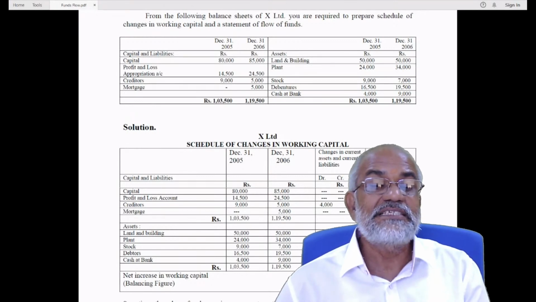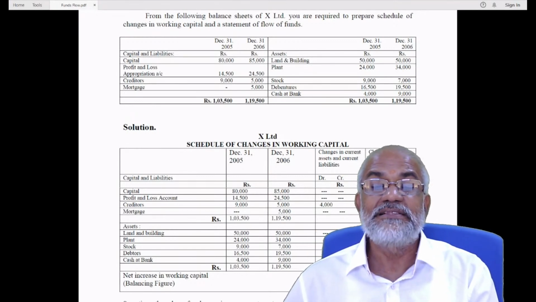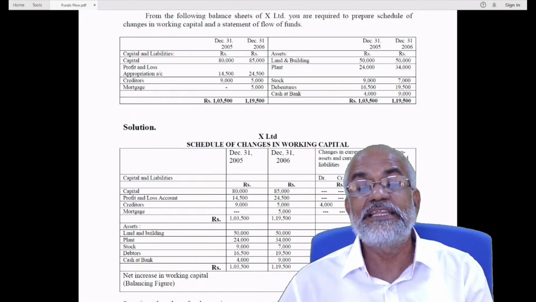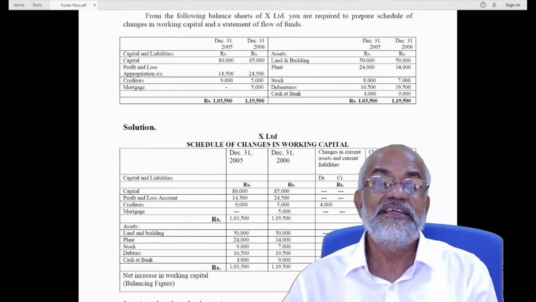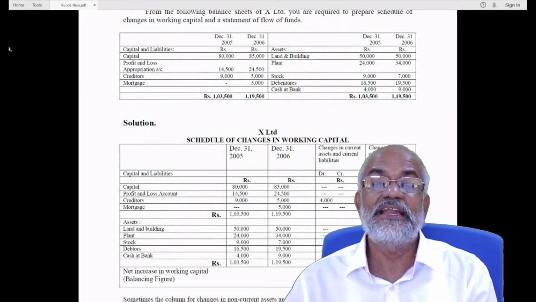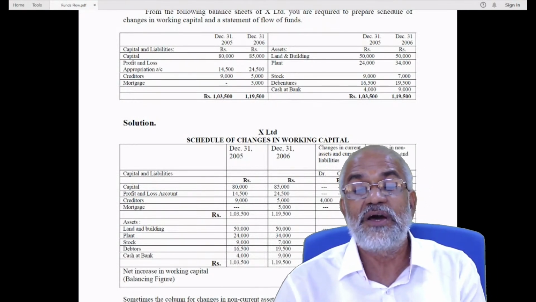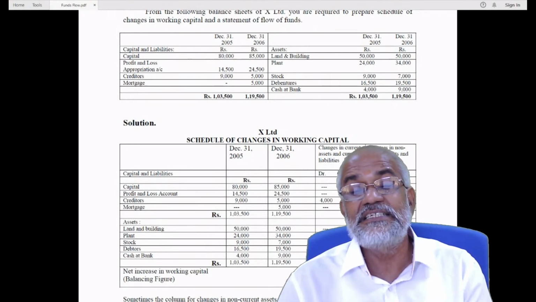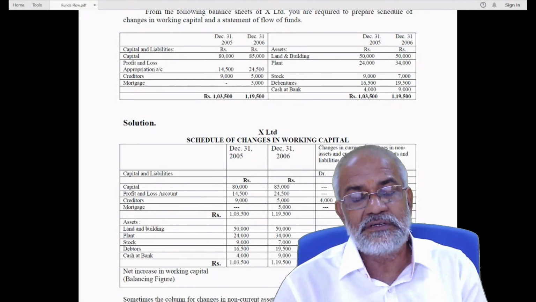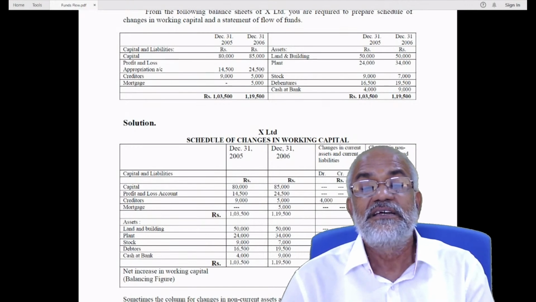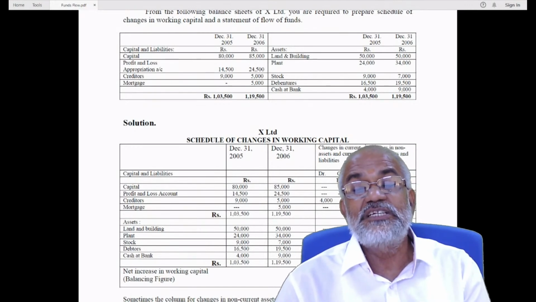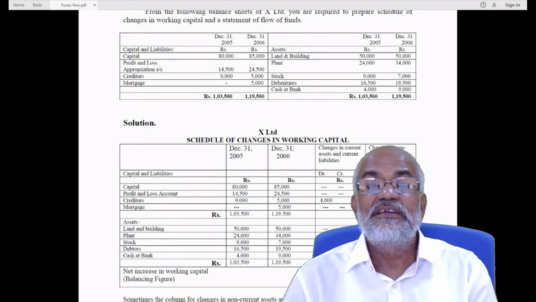The last item on the asset side of the balance sheet is cash and bank balance. It was 4,000 at the beginning and 9,000 at the end. That means it has increased by 5,000. When an asset increases, the treatment is similar to that of the debtors. When the debtors increased by 3,000, it was debited in the current category.